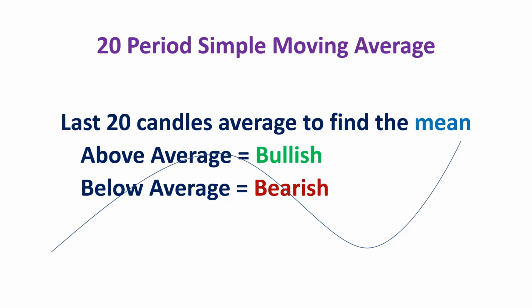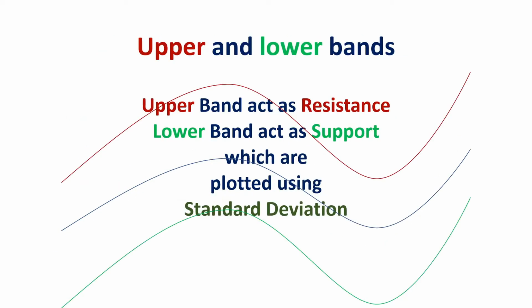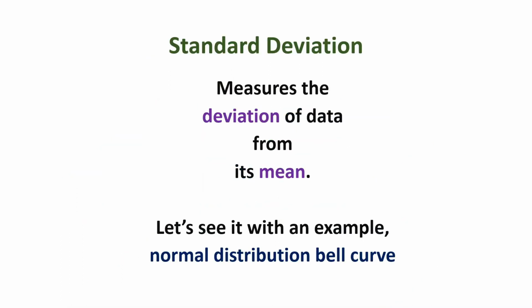When the price is above average, it generally means bullish, and when it's below average, it means bearish. The upper and lower bands act as resistance and support: upper as resistance, lower as support. These are plotted using standard deviation. So what's standard deviation?